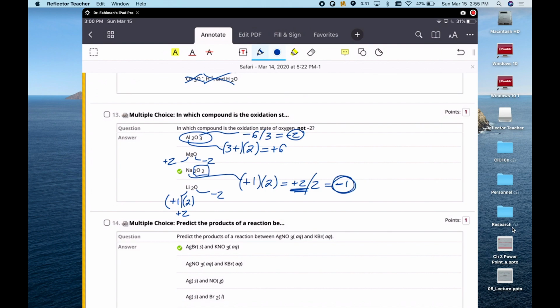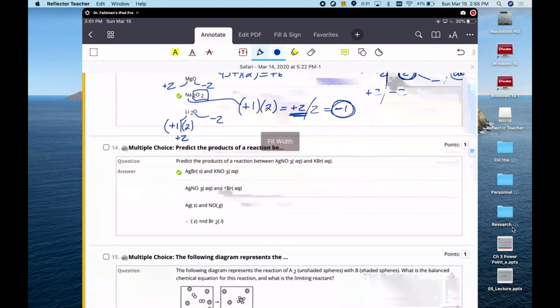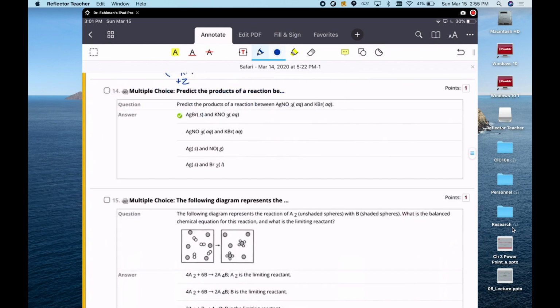So in other words, if I write it out like this, if this whole side over here is +2, this whole other side has to be -2, but there are 2 oxygens, so each of them has to be -1. Okay, so that's another exception to the rule. Most of the time you can assume that oxygen will be -2.